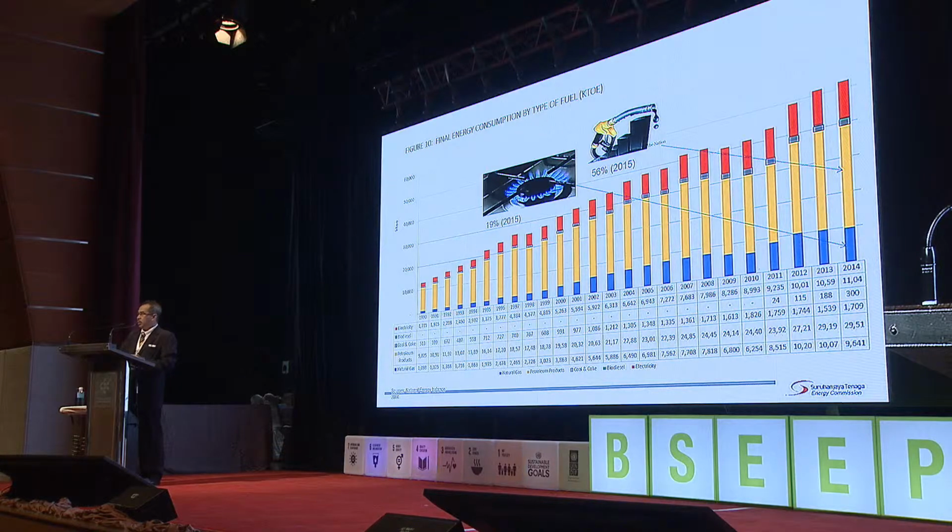Petroleum products, maybe petrol or diesel, and electricity about 22%. However, as mentioned by Mr. Hendrik just now, if you save 1 unit of electricity at the final stage, you actually save about 3 units at the primary energy.